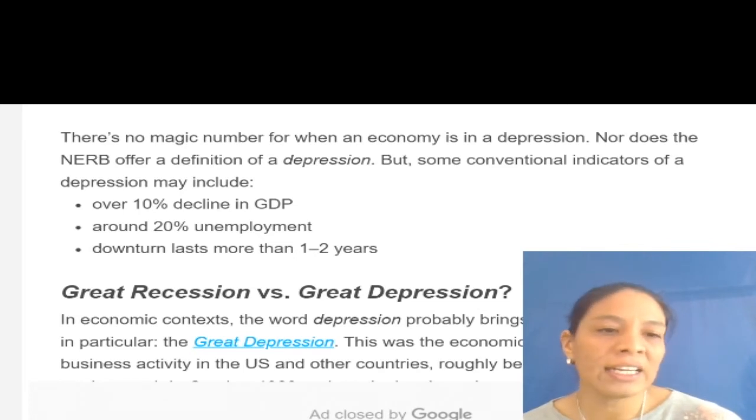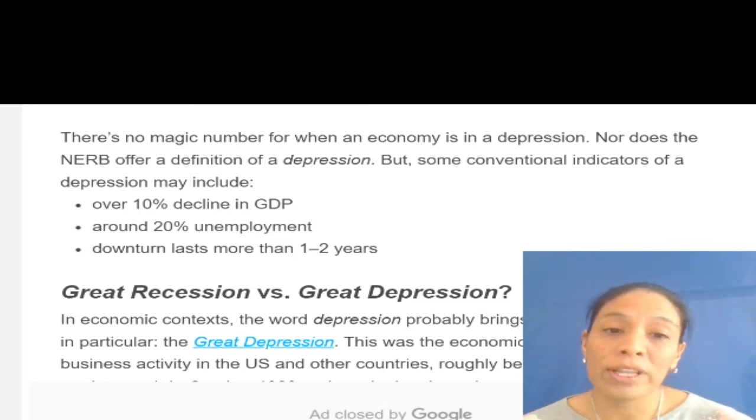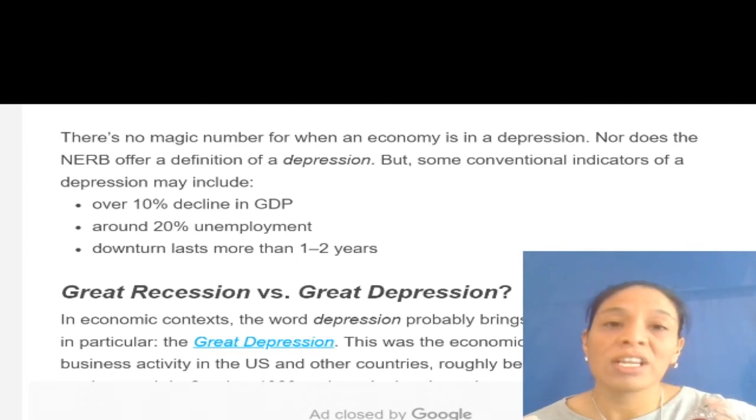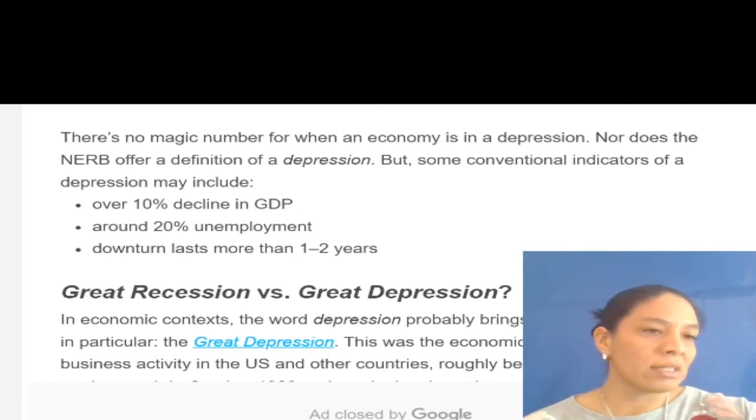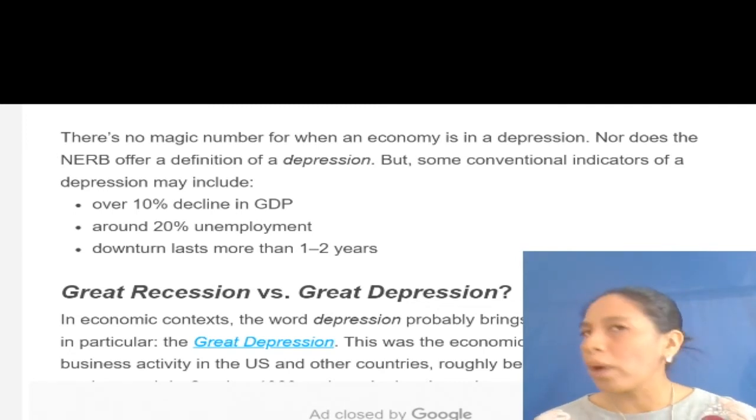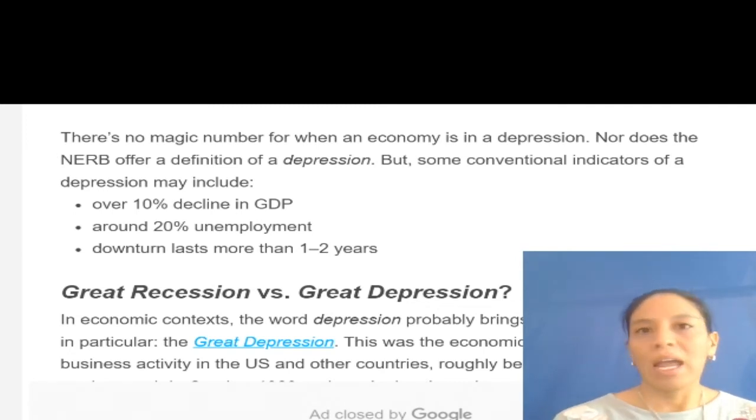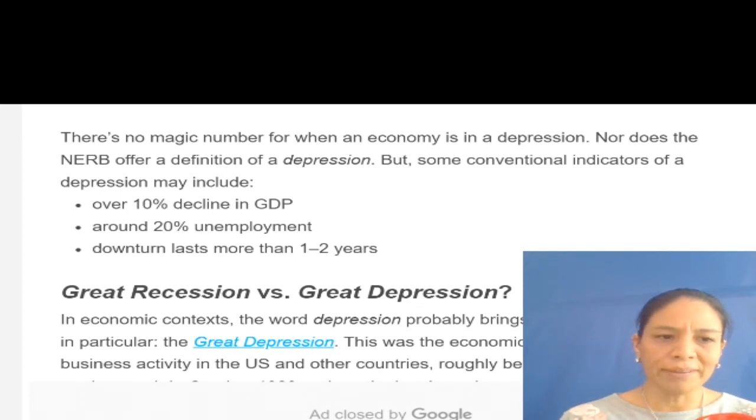And finally, a downturn lasts more than 1 to 2 years. So when a recession is prolonged for 2 years, we have a depression. Yes, so definitely under these standards, the German crisis during the 1920s was totally considered a depression.